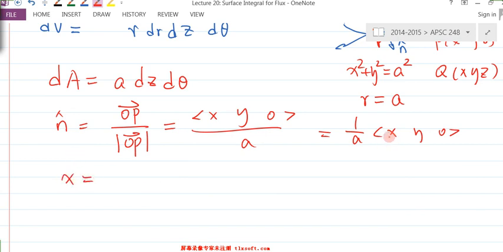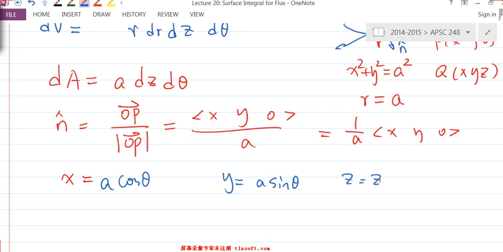Remember, in cylindrical coordinates, x equals R times cosine theta. But this is the surface only, so the r will be changed to A. And y equals A sine theta, and z equals z. Right? z equals z.